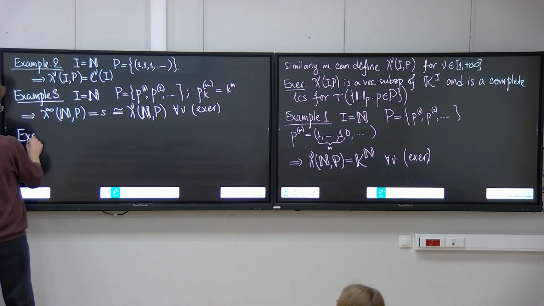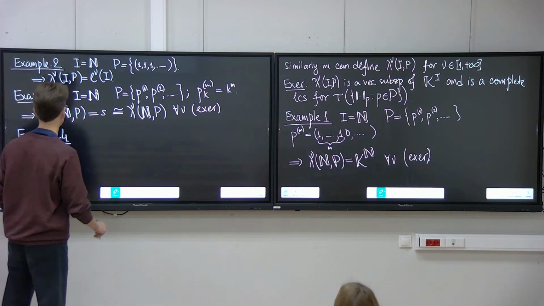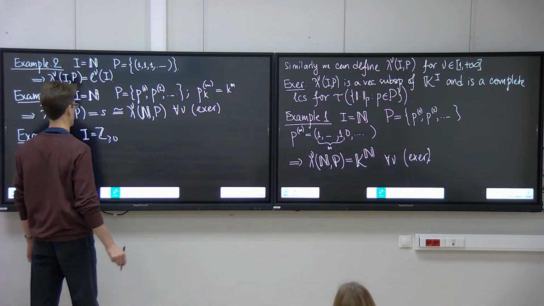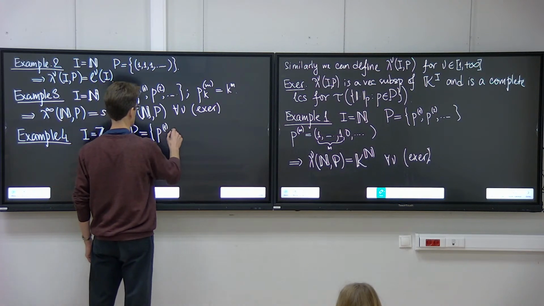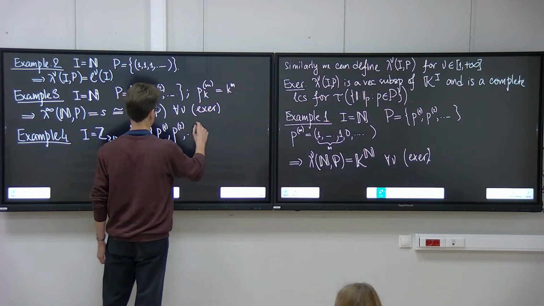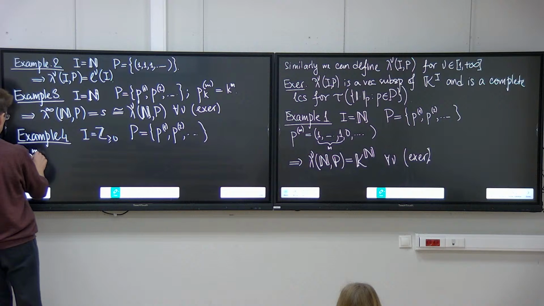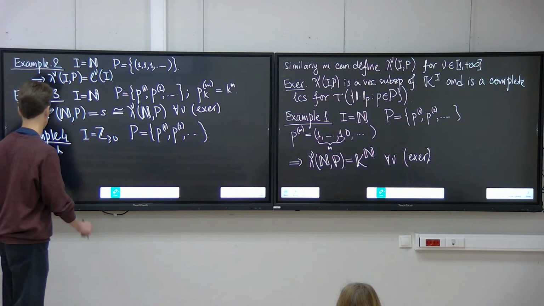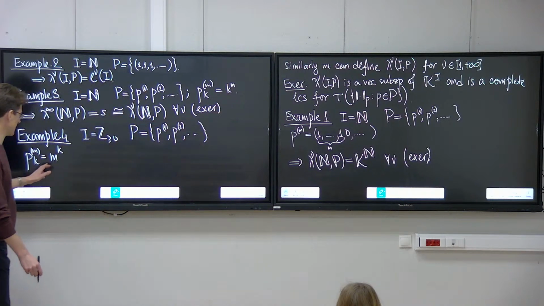Example 4. Let I be the set of all non-negative integers. The set P will be countable, p_1, p_2, and the sequence p_m is given by the following formula. Its kth coordinate is m to the power k. So here we have k to the power m, and here we have m to the power k.